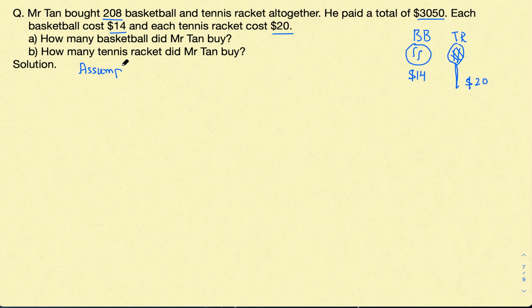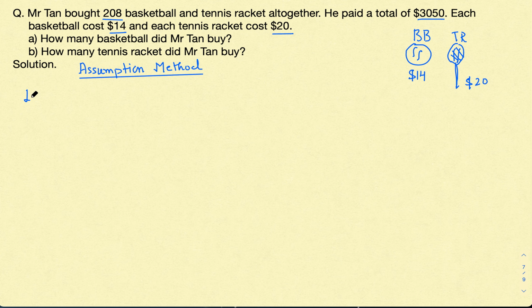For those who are new to it, I'm writing the name. It's called the assumption method, and as the name suggests, we need to assume something. So what we are going to assume here is that Mr. Tan bought all the sports items, all 208 items that he has bought were tennis rackets. Okay, so let's do that.